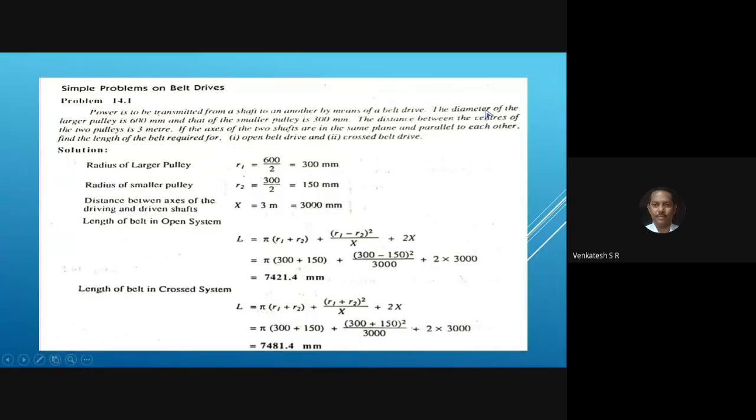The diameter of the larger pulley is 600 millimeter, and that of the smaller pulley is 300 millimeter.